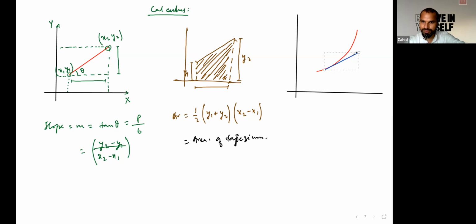Suppose I draw a tangent at this point, and similarly at this other point. The tangent defines the slope of the curve at that instant, so the slope of the curve is different at different points.